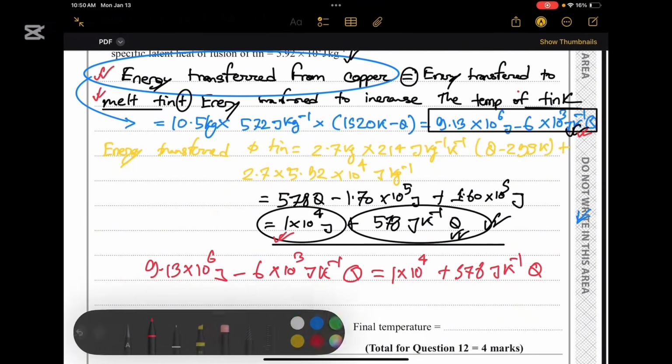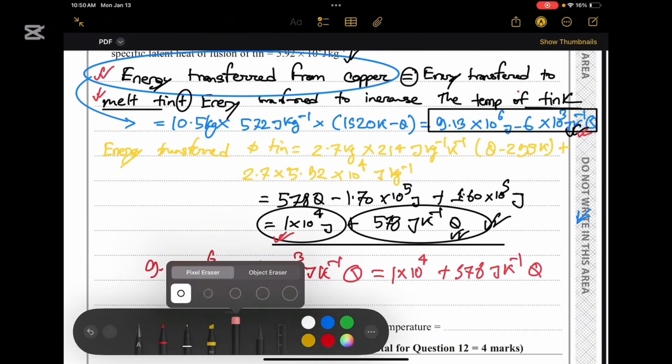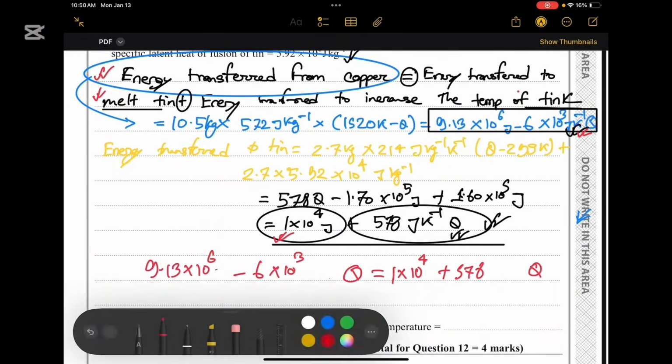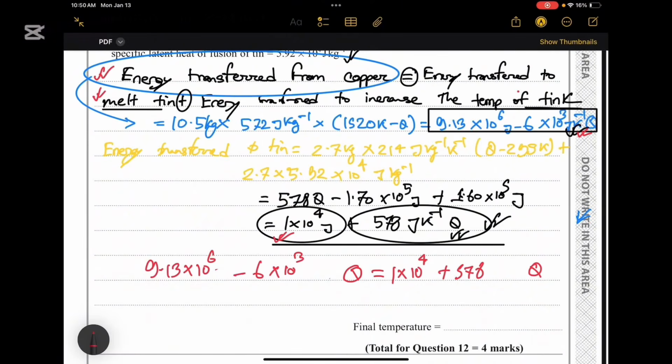To avoid confusion, we can remove the joule part and only consider the theta values, because the joule part makes things confusing. So you can also write it as 6 × 10^3 theta. These are equal values. Now we have to make theta the subject.